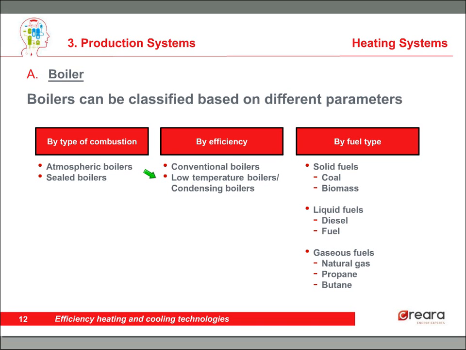Actually, nowadays manufacturers have discontinued the low-temperature boilers in favor of the condensing boilers, because condensing boilers are more used. And we also have boilers by fuel type. We have boilers which can work with coal, biomass, diesel, fuel oil, natural gas, propane, butane, so a huge variety of fuels for every boiler and every kind of situation.